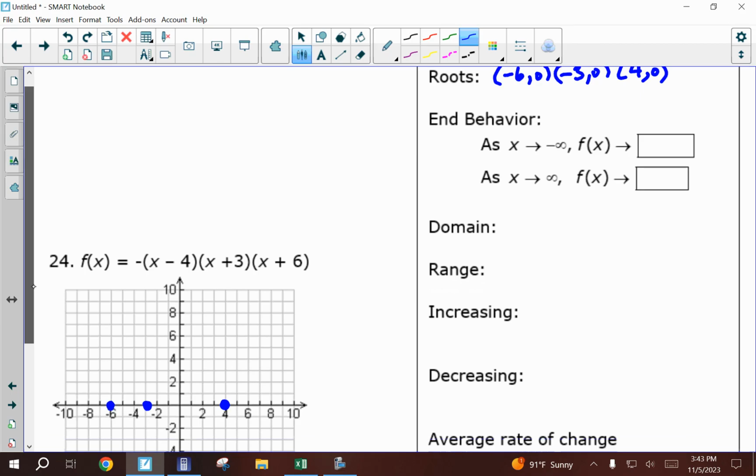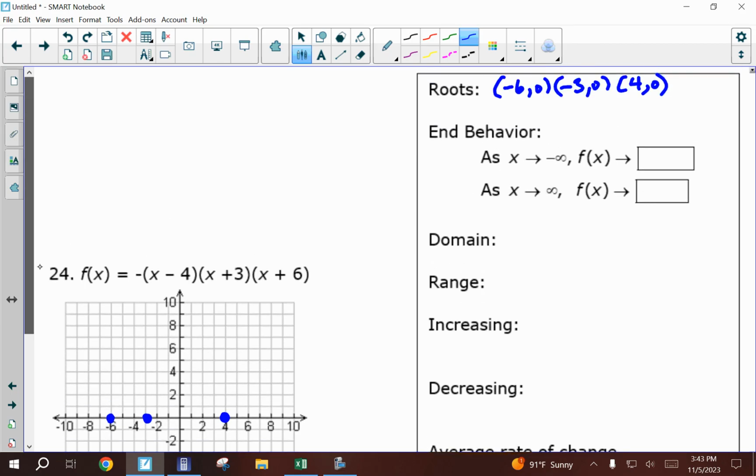Okay, now for the rest of the picture, there's only a few things that I can do without actually having the answer here. So what I could tell you is, let's see, there's 3 x's here, so that tells me that it's x to the third. The x to the third graphs usually go left side down and right side up.